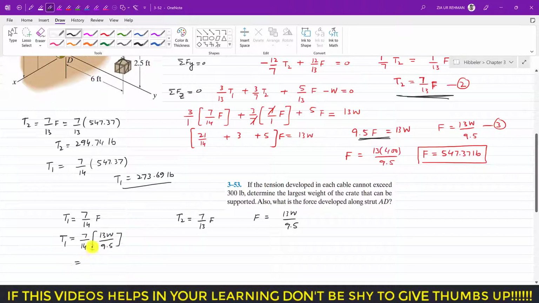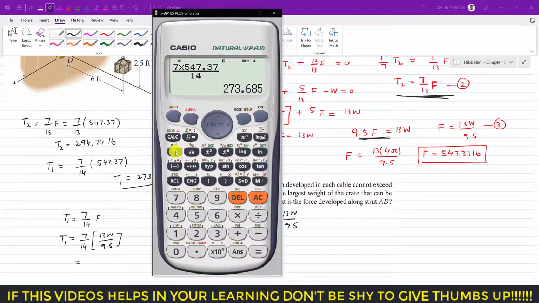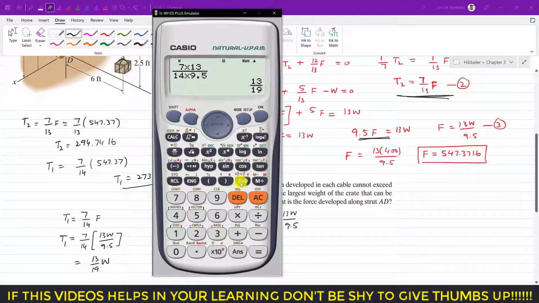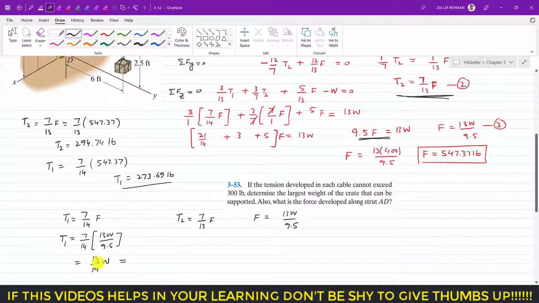So this gives us 7 into 13 divided by 14 into 9.5. So this gives us 13 divided by 19 into W, or we can simplify it. So this is 0.684.